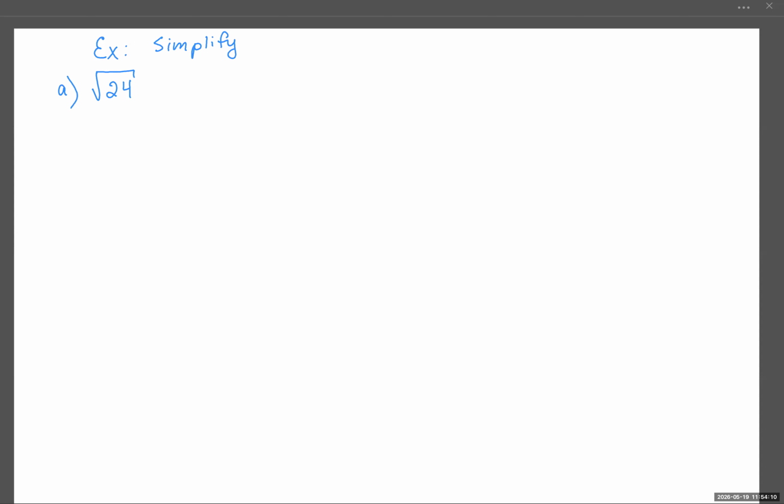So for 24, the perfect square would be 4. 4 times 6. Then it is the square root of 4 times the square root of 6. Square root of 4 is 2. Square root of 6 just gets rewritten. So this is the final answer.